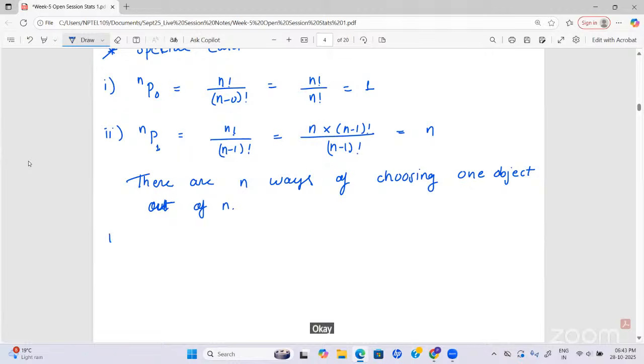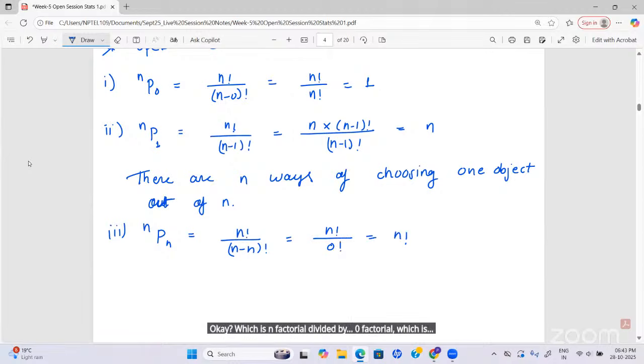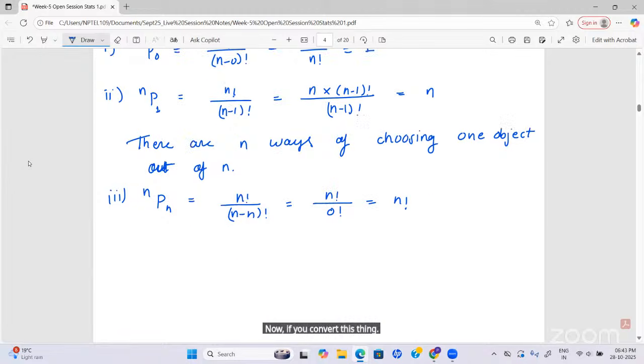Similarly, we can see the value of nPn. nPn will be n factorial divided by n minus n factorial, which is n factorial divided by 0 factorial, which is n factorial. If you interpret this, we have n number of objects, and we are selecting all the n objects, and then we have to arrange them.